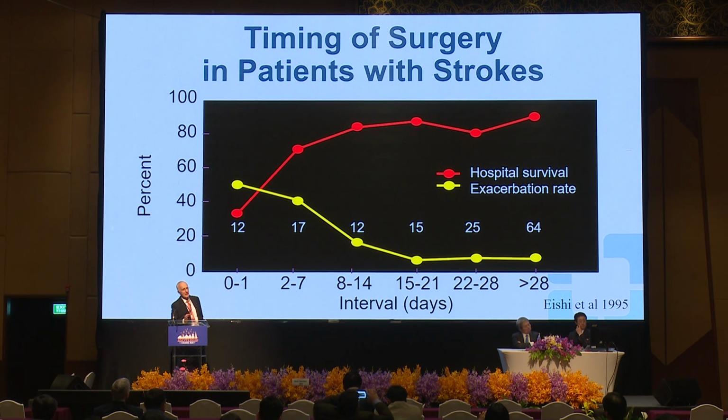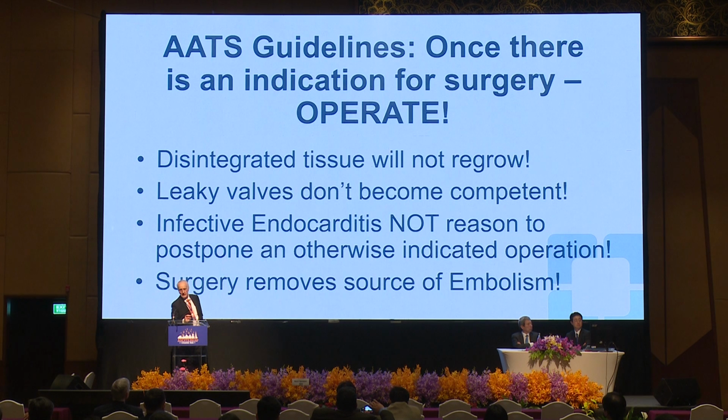The guidelines for many years were really guided by this multi-center Japanese study that showed that if you waited 1 to 2 weeks, the risk of making the cerebral symptoms worse had come down to baseline, and so that's the timing we had.